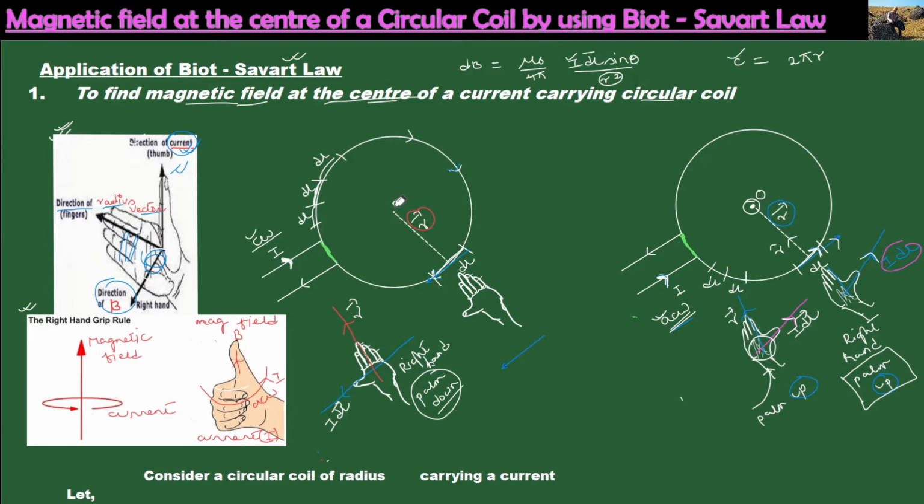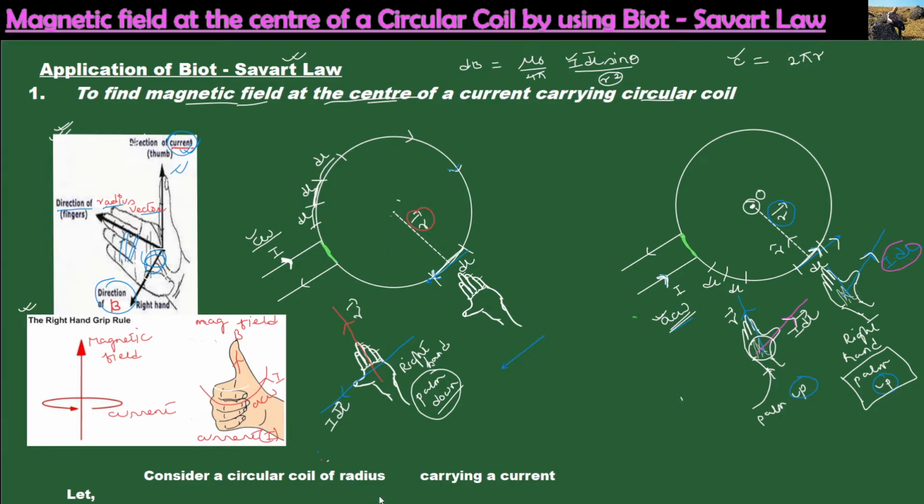So if it is directed downwards, we can represent the magnetic field at the center O of the coil by a cross mark, indicating that the magnetic field is directed downwards.